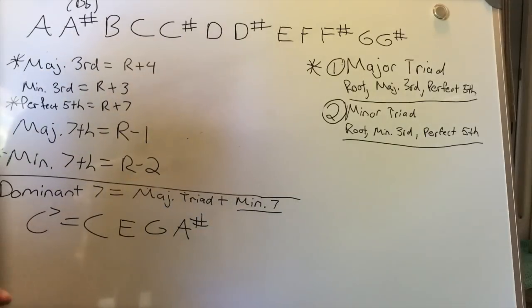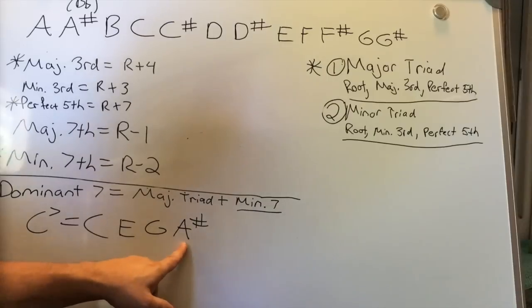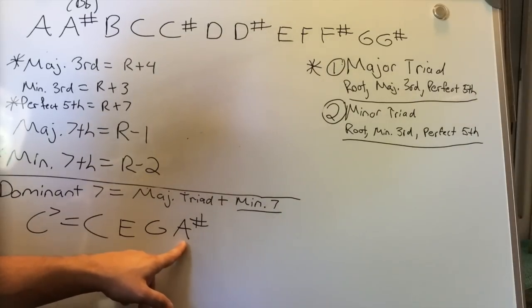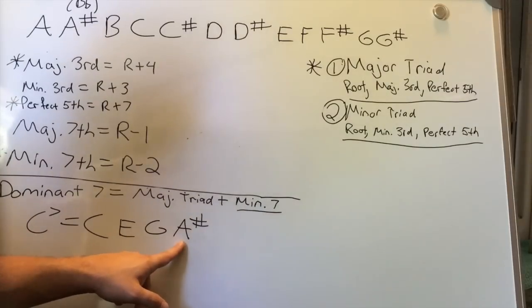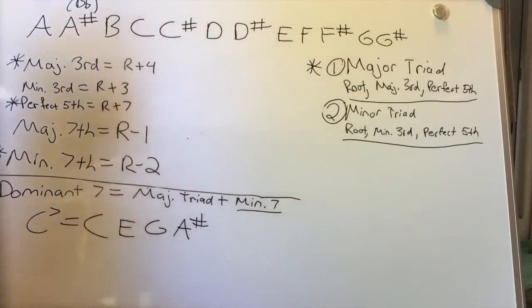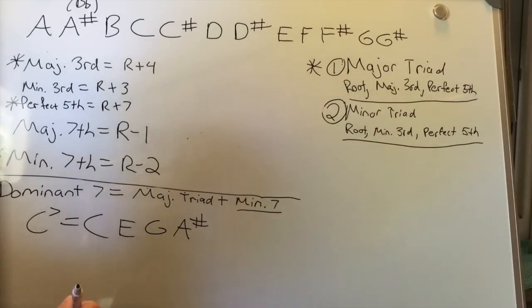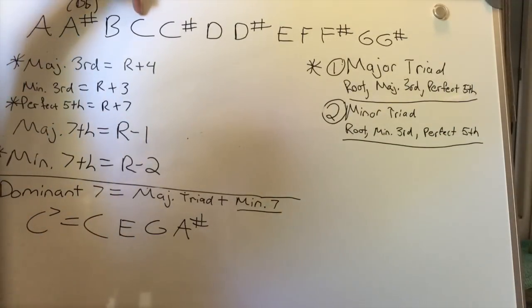Now, one problem we're going to run into here is this is technically incorrect. The reason why it's incorrect is that A is not a seventh of C, it's a sixth. So the way you want to remember that is always going to be like this. Octave is 8. So 8 would be the note returning to itself.